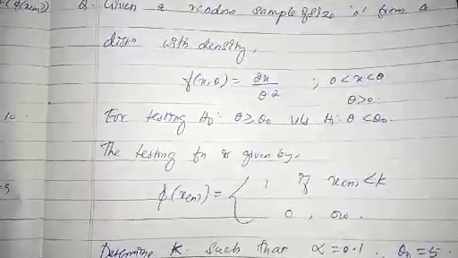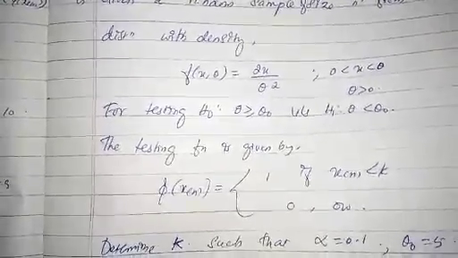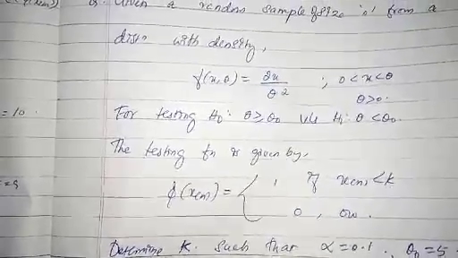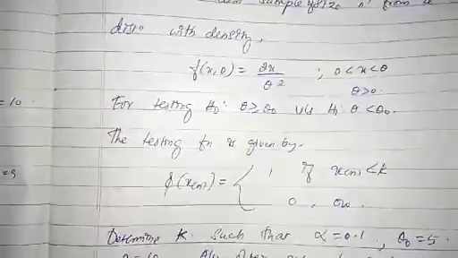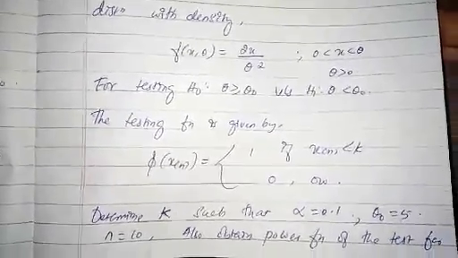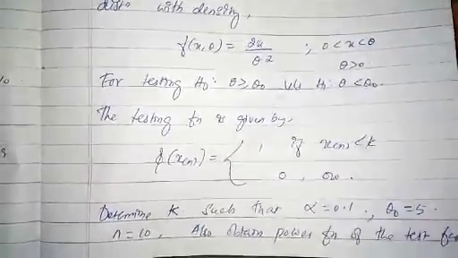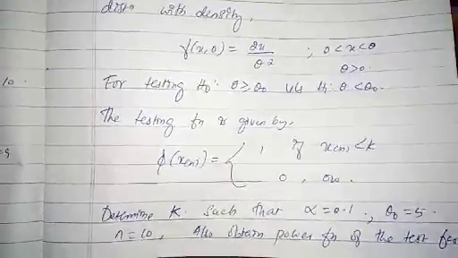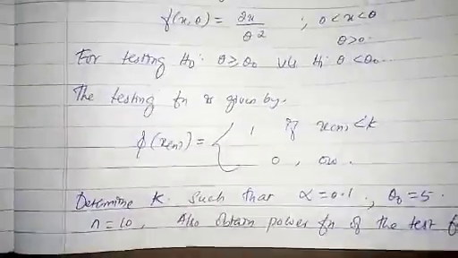So here the question is: given a random sample of size n from a distribution with the density f of x, theta equal to 2x divided by theta square, 0 less than x less than theta, theta greater than 0. For testing H naught, theta greater than or equal to theta naught, versus H1, theta less than theta naught, the test function is given by phi of xn, 1 if xn is less than k, 0 otherwise.